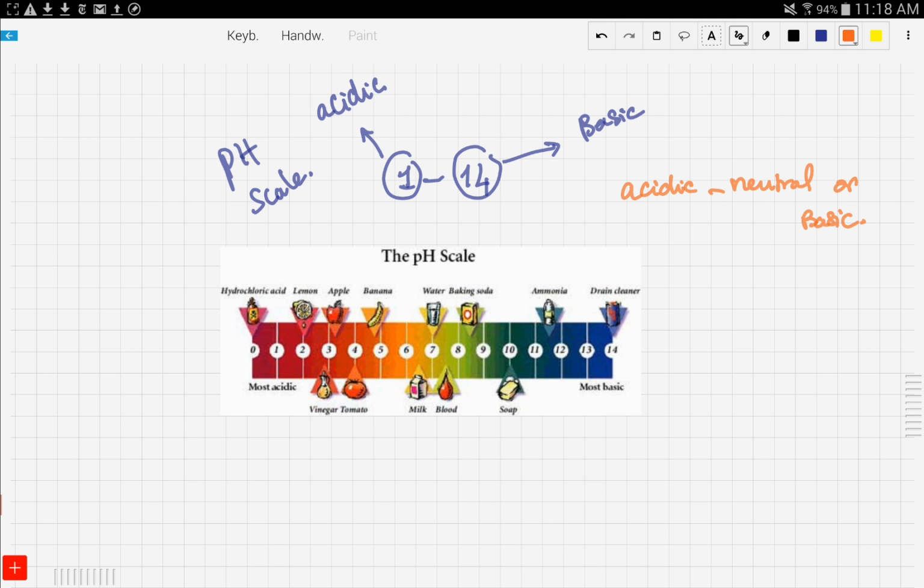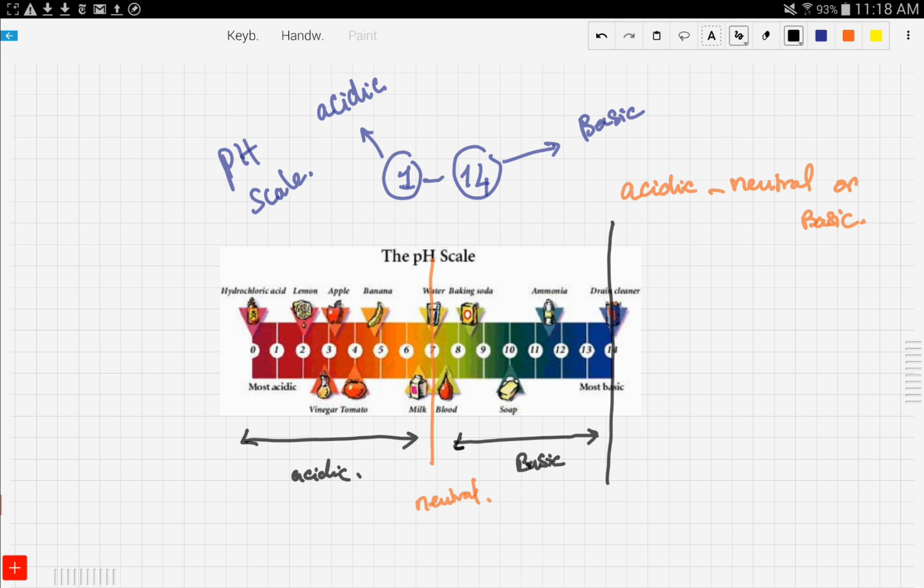So how do we know that? We know that using the pH scale. A neutral substance would be at a pH of 7, so this is neutral. A basic substance would be at a pH from 7 to 14, so that's the basic, and from 1 till 7 is acidic.